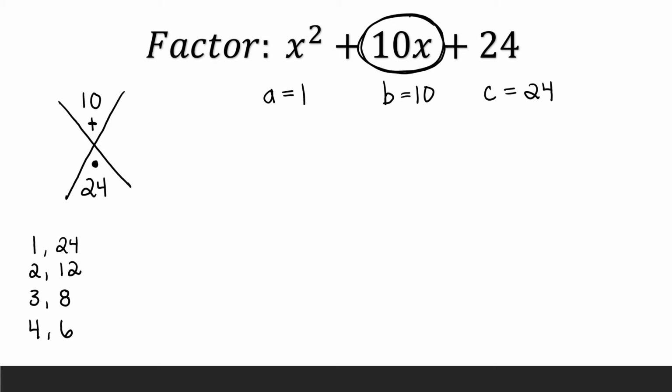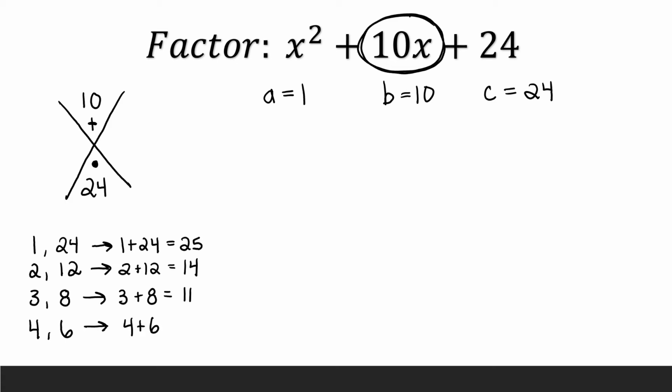Now we want to add these together, so 1 plus 24 is equal to 25, 2 plus 12 is equal to 14, 3 plus 8 is equal to 11, and 4 plus 6 is equal to 10.